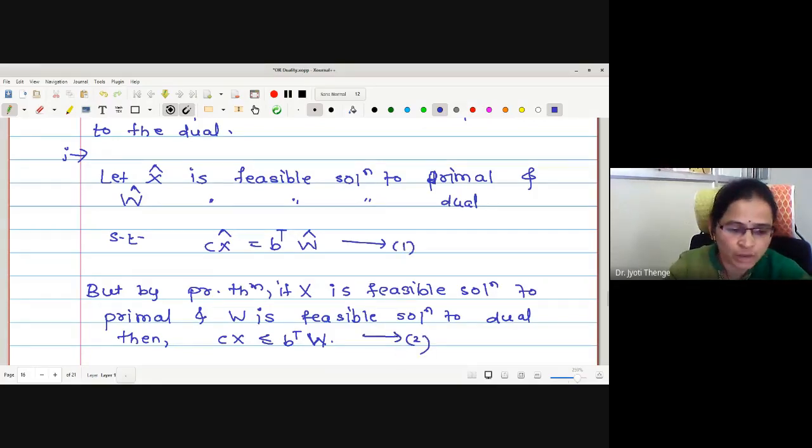Now what I will do is substitute the value. Instead of x as a feasible solution, I will take x cap as a feasible solution to the primal. This statement is true for all the feasible solutions of the primal. Therefore, instead of x, I will take x cap as the feasible solution.